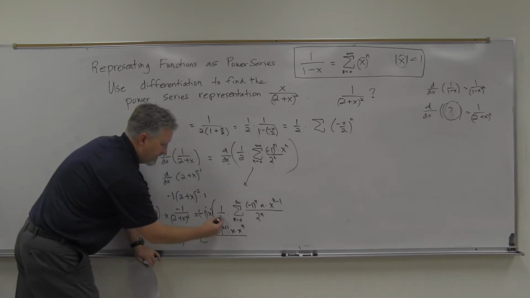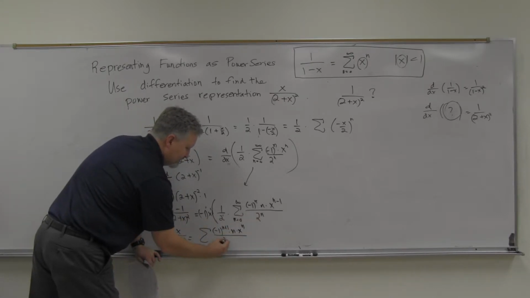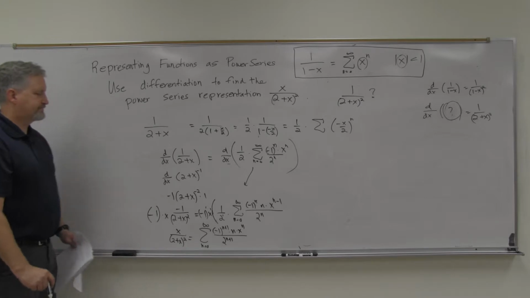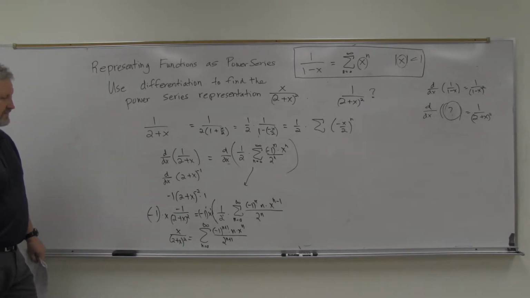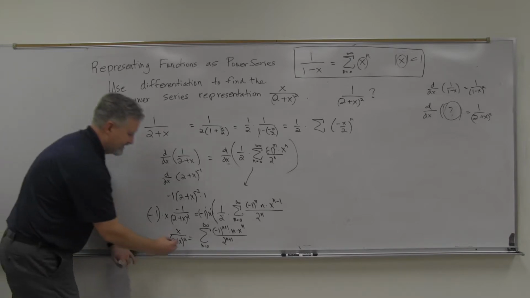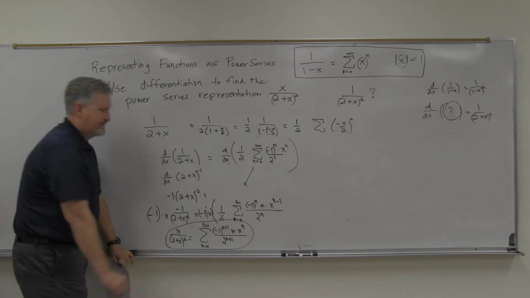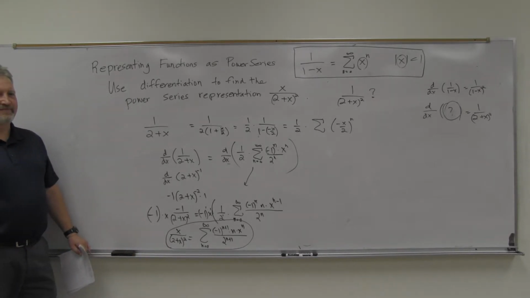And then on the bottom I got 2 to the first, 2 to the n, so that's going to be 2 to the n plus 1. So that's one possibility for it.